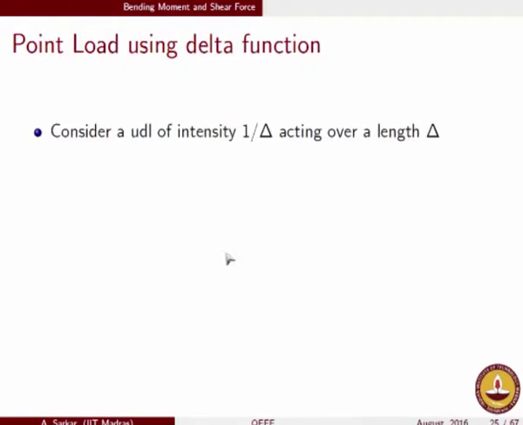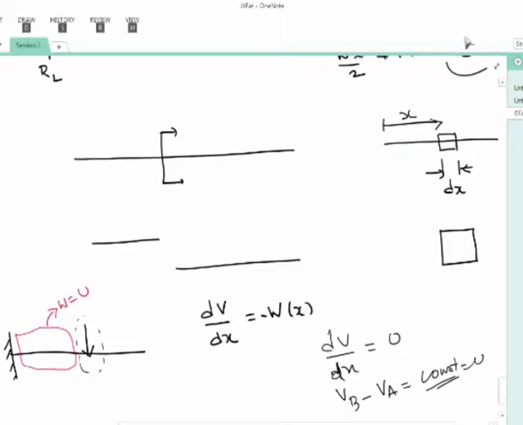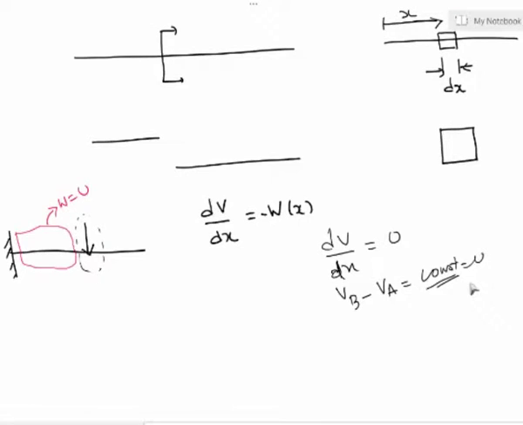So we will firstly consider a uniformly distributed load of intensity 1 by delta, which is acting over a length of delta. So this is quite well defined. Instead of considering a uniformly distributed load over the entire length of the beam, I will consider a UDL which is spread over the region delta, but the intensity of this UDL, W, is equal to 1 by delta.